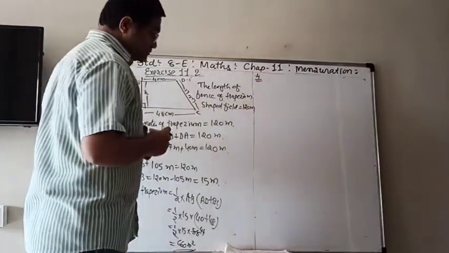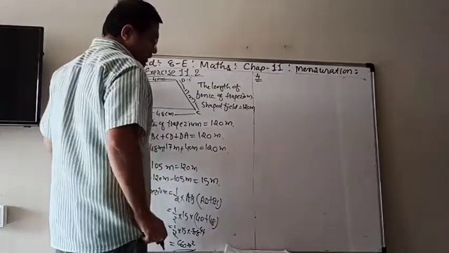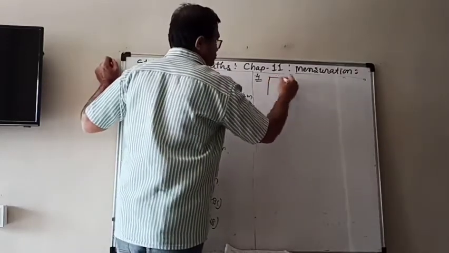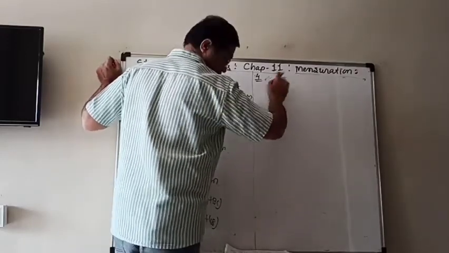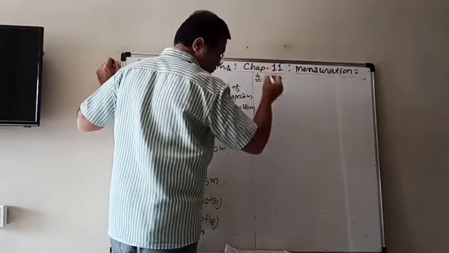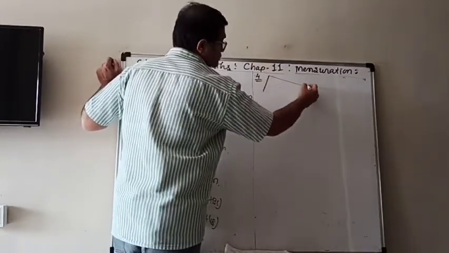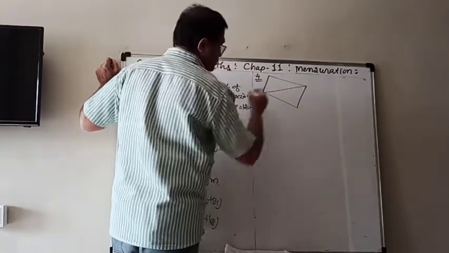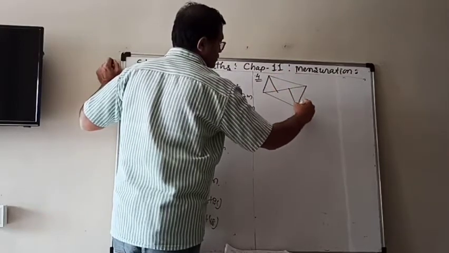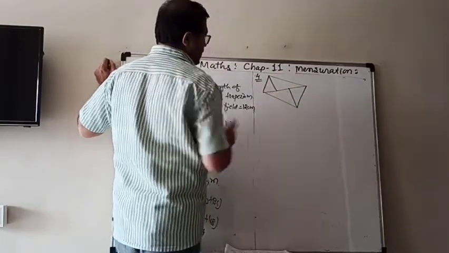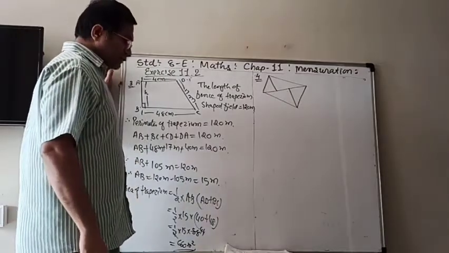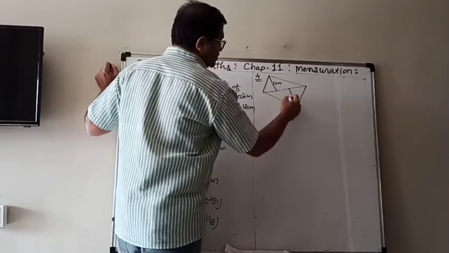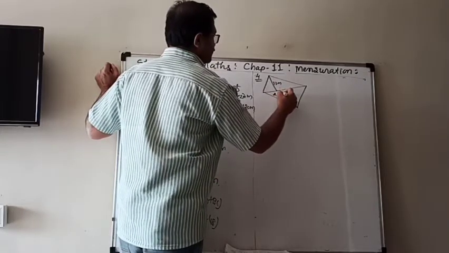Now the fourth question. In the fourth question, a diagonal. Okay, here also there is a figure. Here a quadrilateral is given, and 13 meter, 8 meter and 24 meter are given.